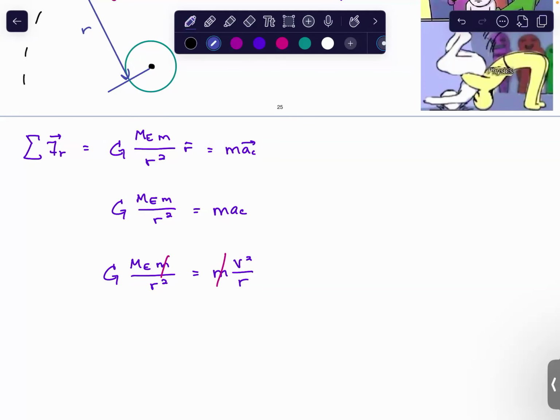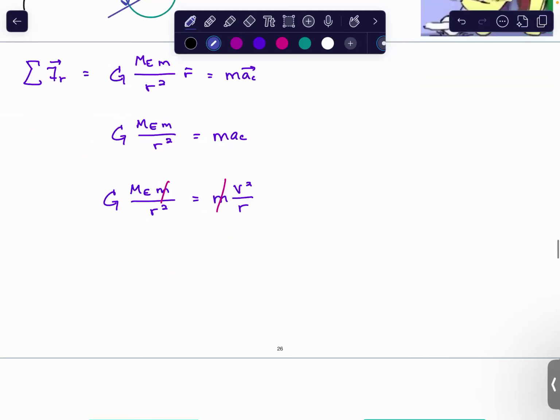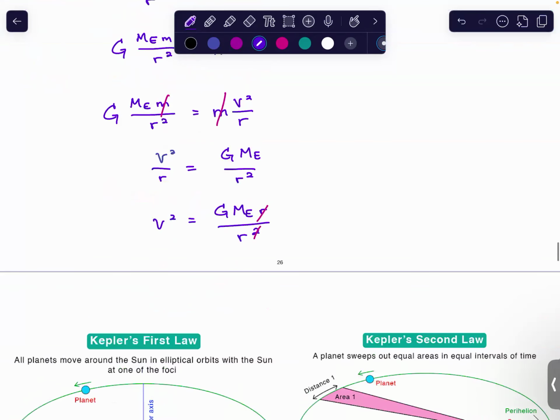you can divide your mass out of both sides. Now, if I multiply through, that r and that square will cancel.